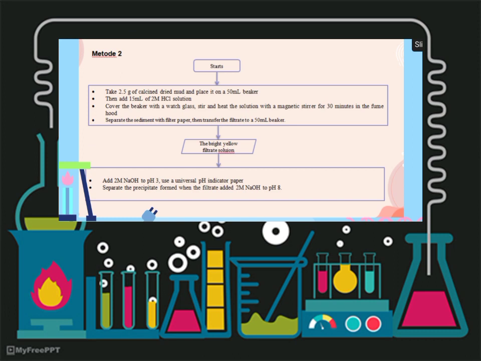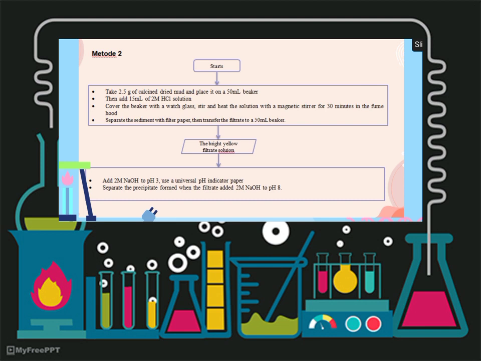Method 2. Start. Take 2.5 grams of calcined dried mud and place it in a 50 ml beaker. Then add 15 ml of 2 molar HCl solution. Cover the beaker with a watch glass. Stir and heat the solution with a magnetic stirrer for 30 minutes in the fume hood.